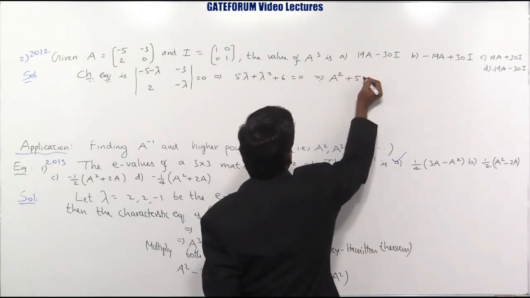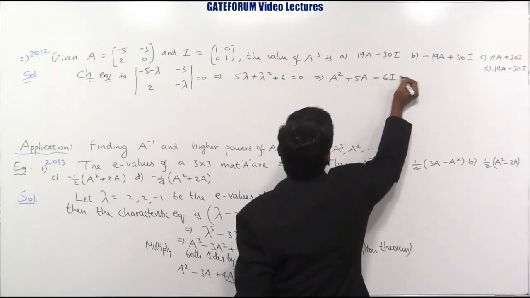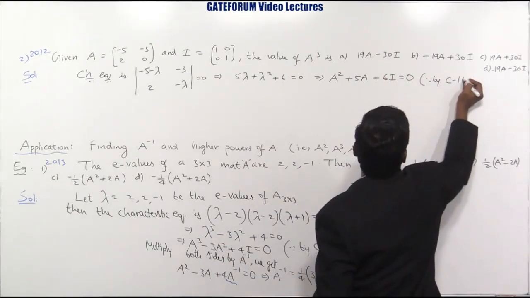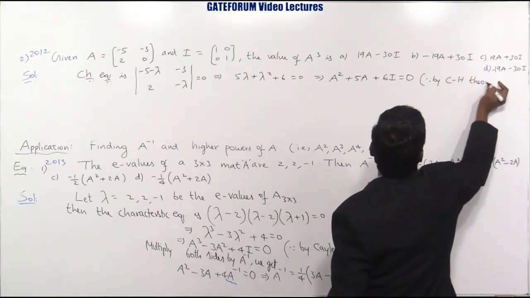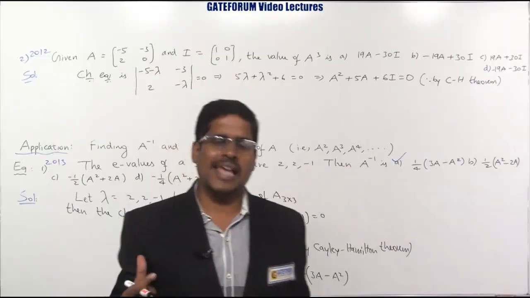A square plus 5 lambda becomes 5A, number 6 becomes 6 into I, 0 becomes 0 matrix. Since by Cayley-Hamilton theorem, capital C dash capital H stands for my short form of Cayley-Hamilton.